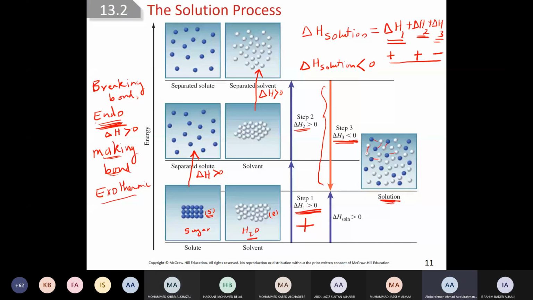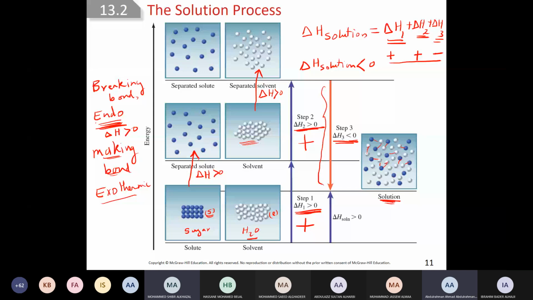Delta H2, when we break the water molecules, is this going to be positive or negative? Always positive. Delta H3 is making the bonds between the water and the sugar in this case. Is it going to be positive or negative?